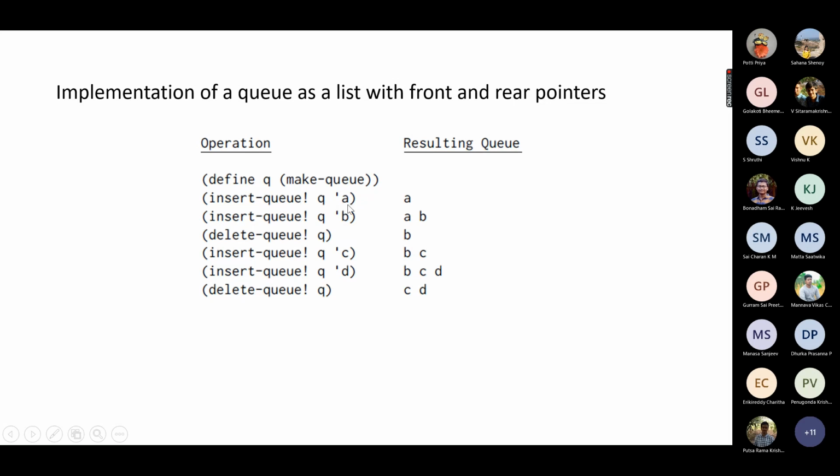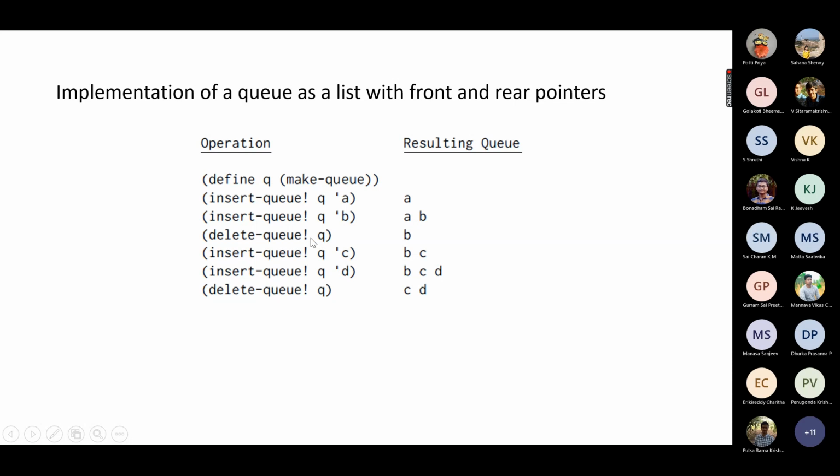Then after making an empty queue, I may go for inserting the data. Here I'm inserting A and B. If you look at the procedure, it is a mutator because the exclamation mark is there. So insert queue will be modifying the original queue, isn't it? Insert queue exclamation, that is a mutator, A is inserted and the queue is modified so that your queue will have A. Then insert once again and the elements will be added at the end.